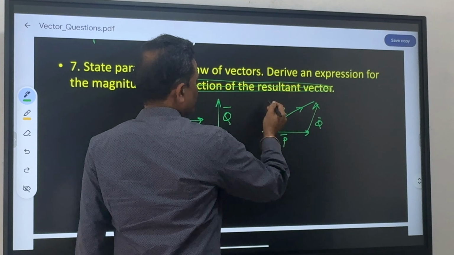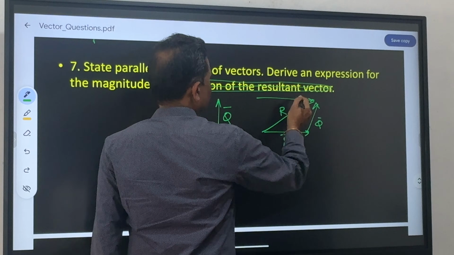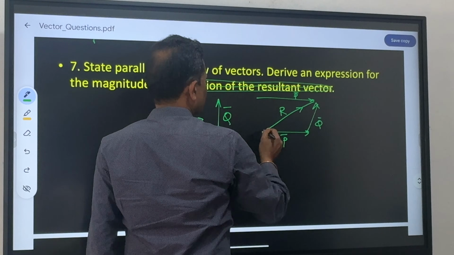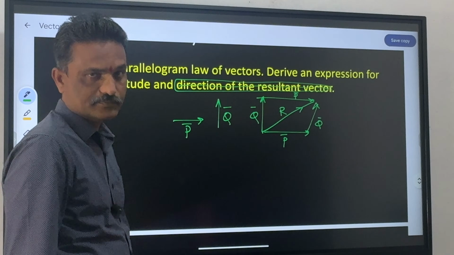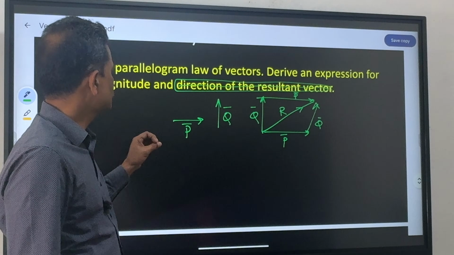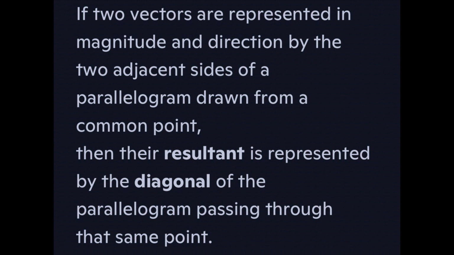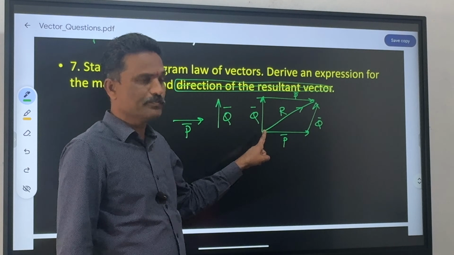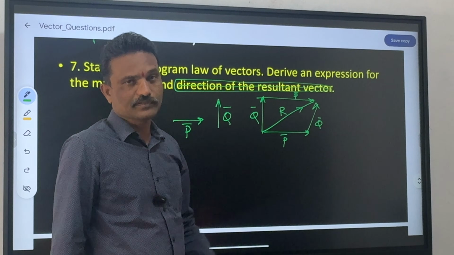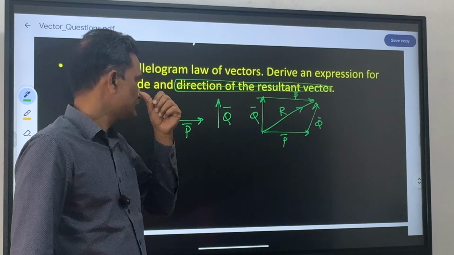So if this is p, I can draw this also p and another vector q. Now this is a parallelogram. So according to the definition, when two vectors p and q are represented in magnitude and direction by the two adjacent sides of a parallelogram, then their resultant r is represented by the diagonal touching the initial point of P and the final point of Q, because there are two diagonals.